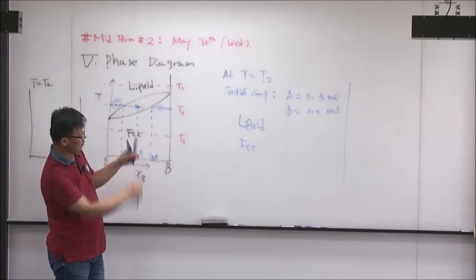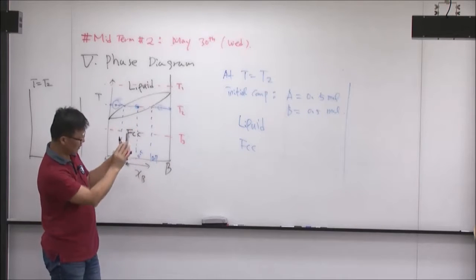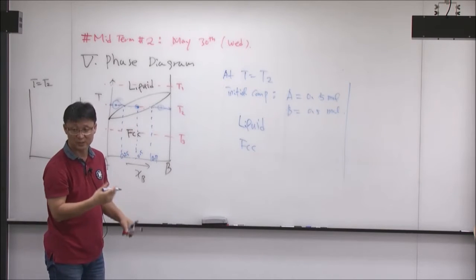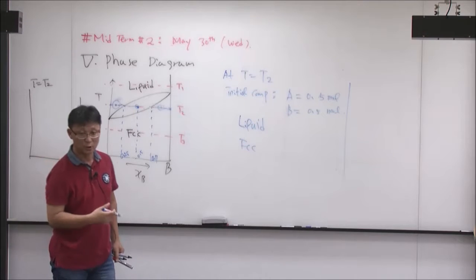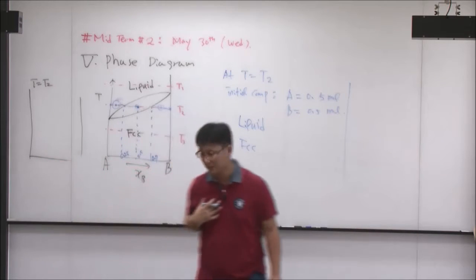And this is the minimum information. The initial composition is this one. At T2, I have liquid plus FCC. But what is the fraction of each phase and what is the composition of each phase? That's what I need.